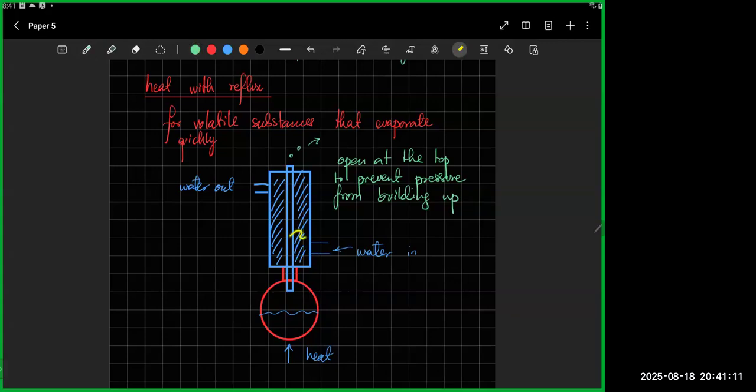Some of it might go up and then it will condense back and fall back into the container, but some of the particles would eventually escape from the top as well. So it is kept open so that pressure doesn't build up, because you're heating substances and gases tend to expand when you are heating them.